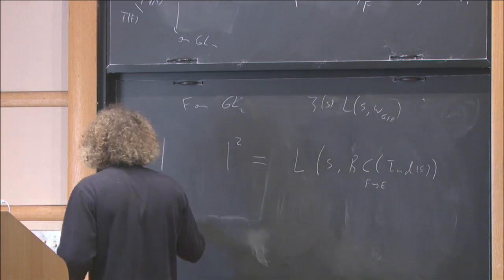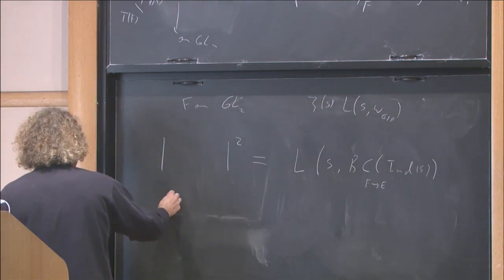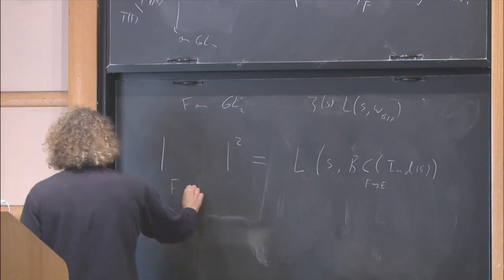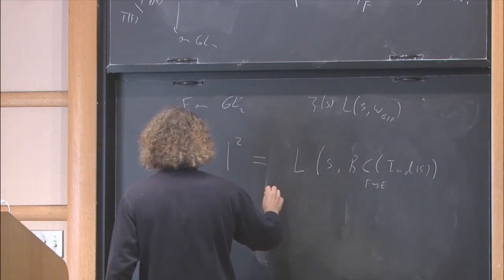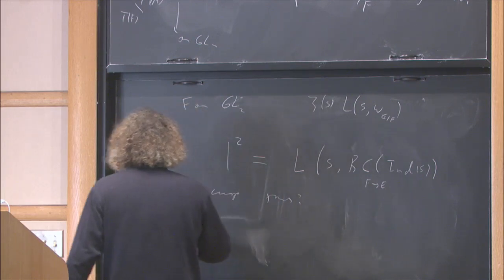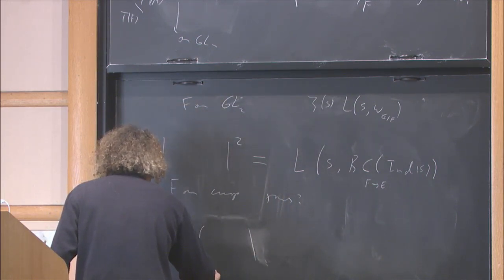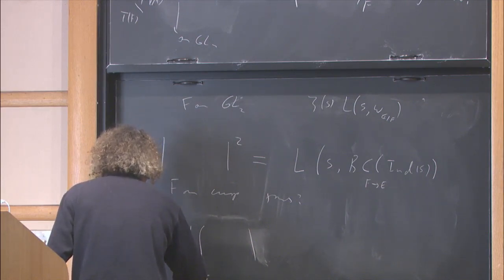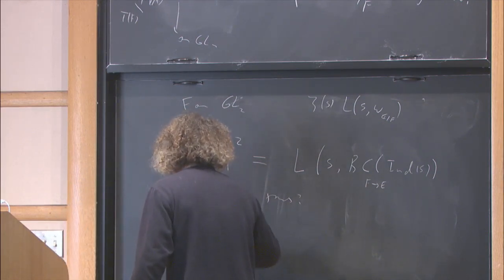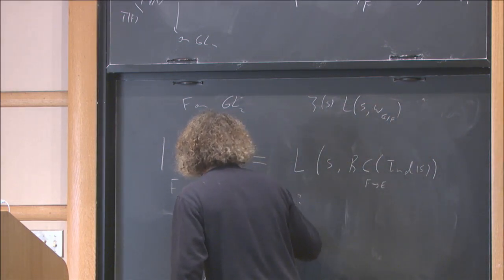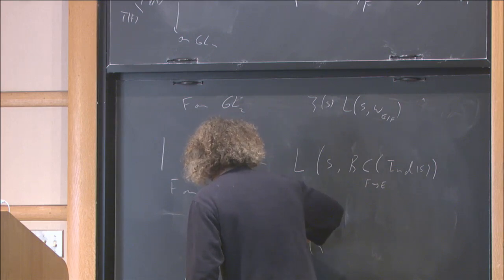So that somehow suggests that there is something for Cas forms. So what about Cas forms? Now you get a meaningful expression. Okay, so this is the torus embedded in GL2.